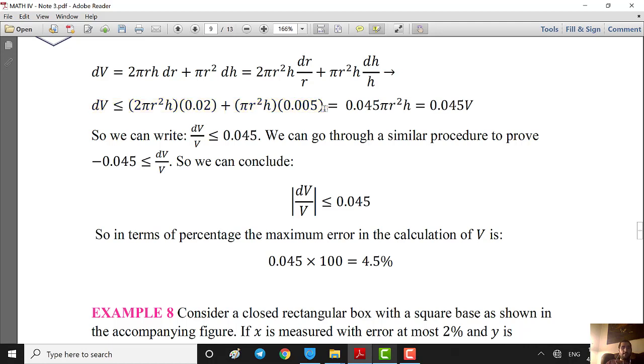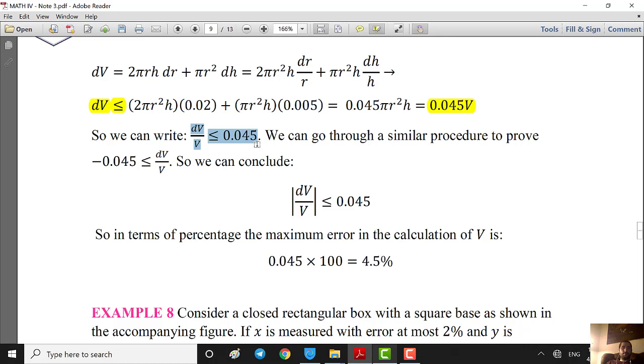Okay? And this, if you do the calculation, will be equal to 0.045 times pi r^2 h. And this pi r^2 h here is equal to V. So the whole thing is equal to 0.045 V. And we were looking for the percentage error in the measurement of V, meaning we were looking for dV over V. So using this, dV is smaller than or equal to 0.045 V, we can write dV over V is smaller than 0.045.